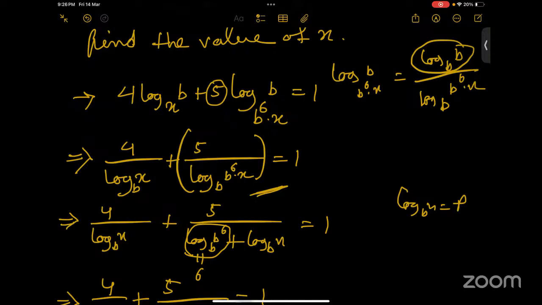So the thing is, whenever you have something, you can choose any base, right? So always try to choose a base which can simplify your problem. Here you can choose any base, but if you choose the base as b, it will simplify your problem.